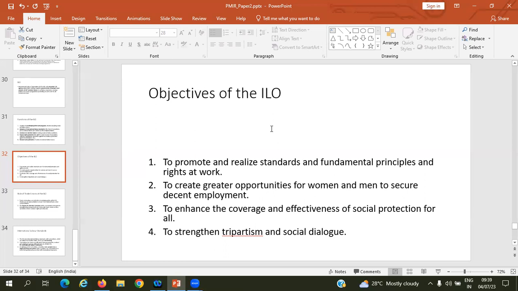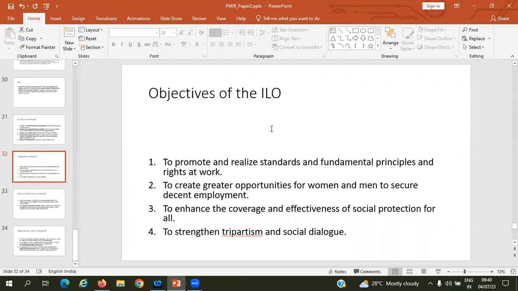And the social dialogue: if there are any issues or problems in society, ILO is responsible to initiate the discussion, initiate the talk from the organization, from the employers, from the employees, with the government, and resolve that issue.